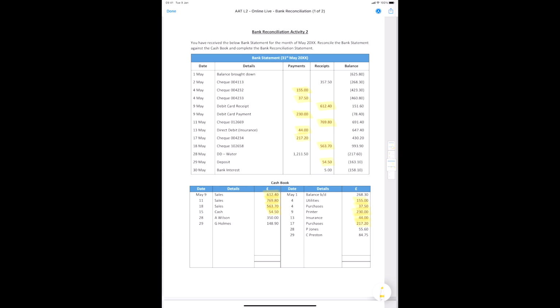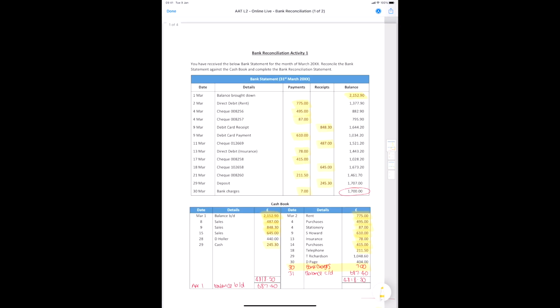So in this example, we've got a couple more unhighlighted transactions. Now, one of the important things that we need to look out for is our opening balances. I'm going to go back to the first activity, and you can see that when we were looking at the two statements, we noticed that the balances both matched.